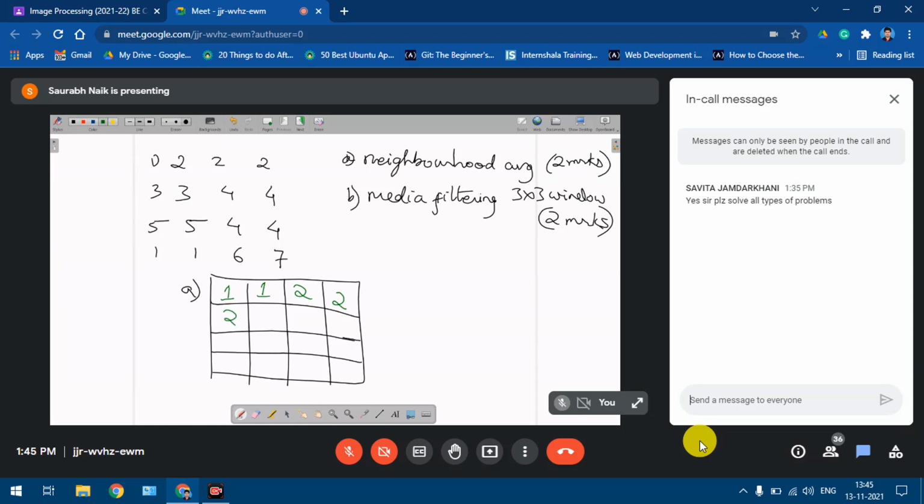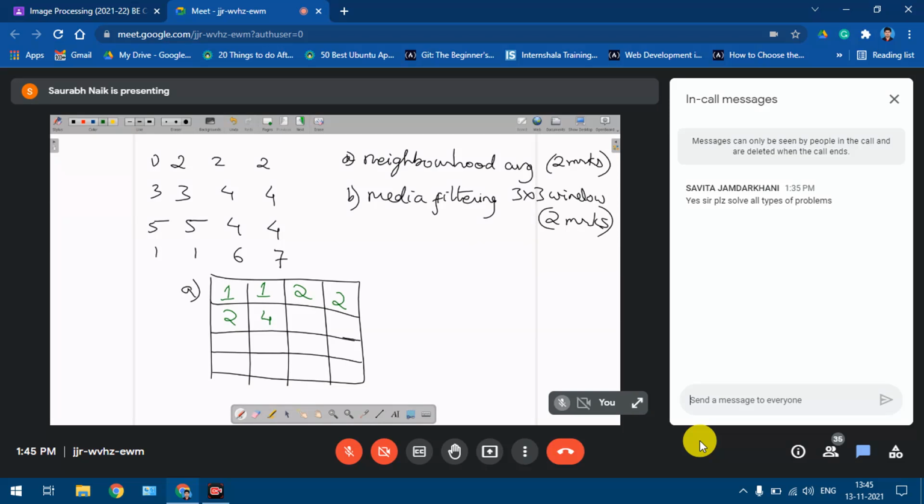Then for 1 comma 1, the four neighbors will be 2, 3, 4 and 5. That comes to 9 and 5, that's 14 divided by 4, so that's 3.5. So rounding it up to 4.